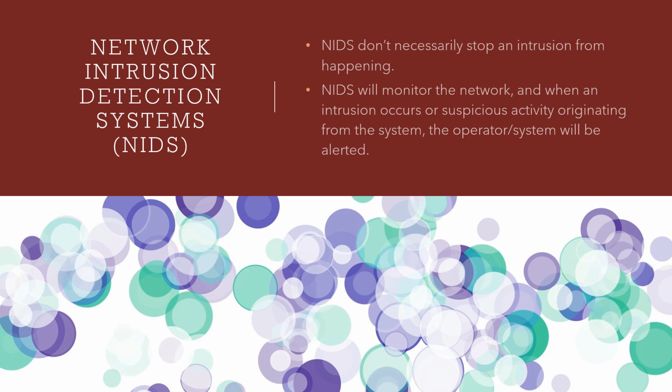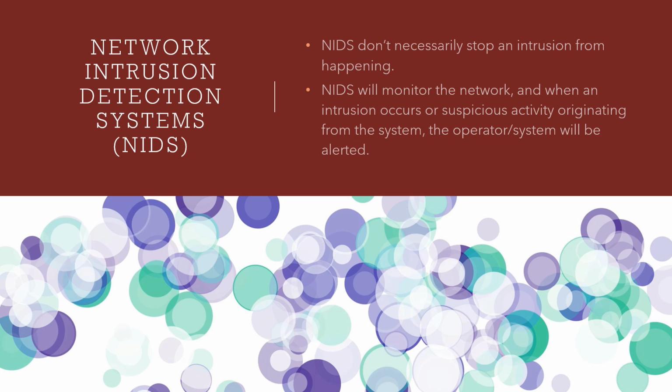So let's dive into the network intrusion detection system, or NIDS. A fallacy about network intrusion detection systems is that they prevent intrusions from happening. They do not necessarily. While network intrusion detection systems can have the capability for preventing, they are mainly a monitoring tool, which monitors network traffic and sees the difference between a typical request and an attack request.